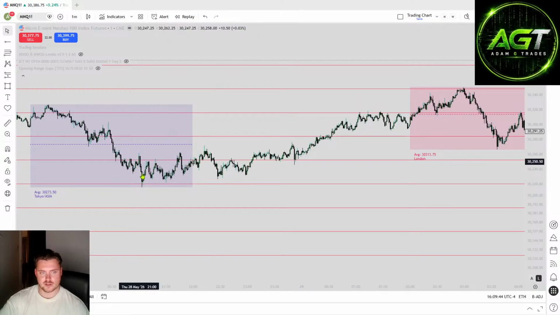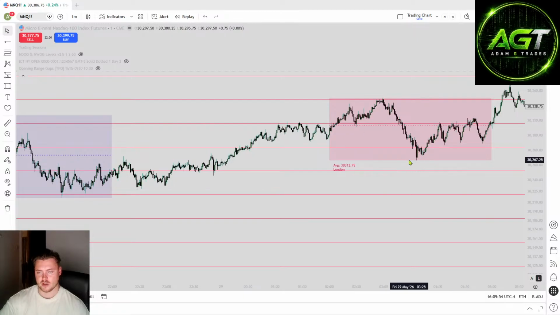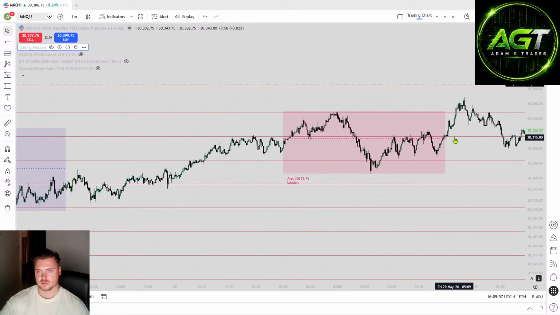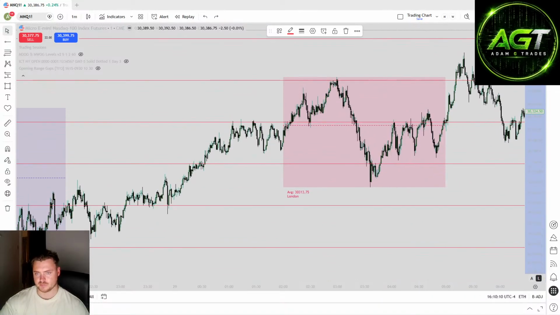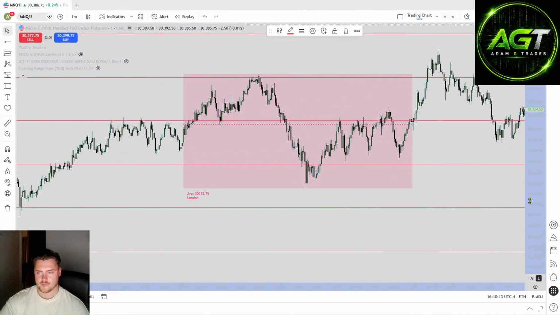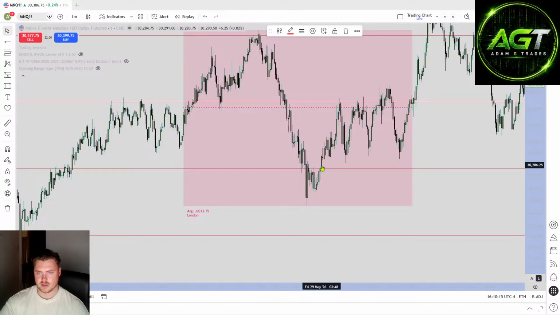We're reacting at the consequent encroachment in deciding what way we're going to go for the day, and then it decides to go higher for the day. So we can assume when we get into these sessions, our bias is what? Bullish. Like if you took this trade in line with your bias at 3:30, or if you wanted to wait till 4 o'clock, 3:50 till 4 o'clock, entering off this fair value gap that forms at what time? 3:49.